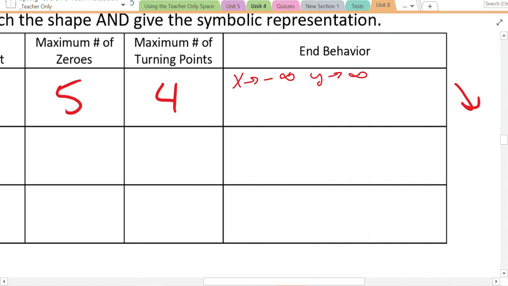It's going in the opposite direction, starting up and going down because of the leading coefficient being negative. As x goes to infinity, y goes to negative infinity.